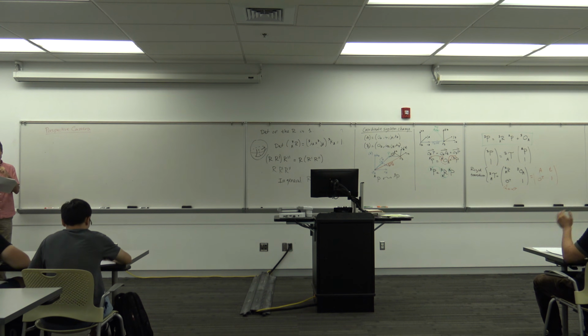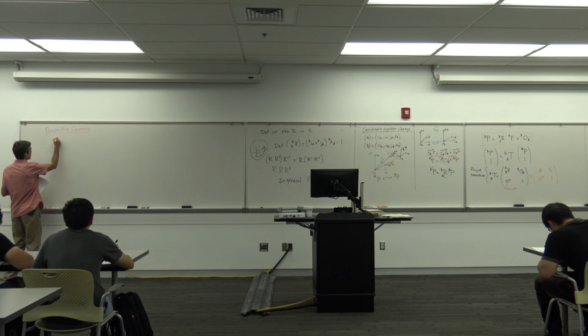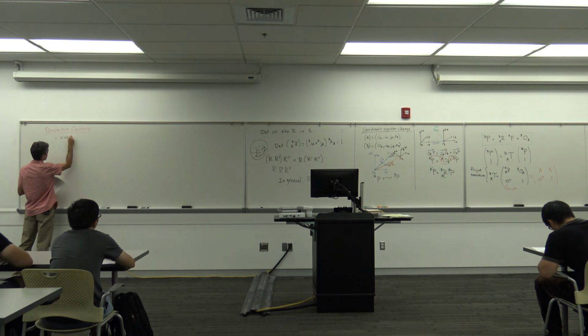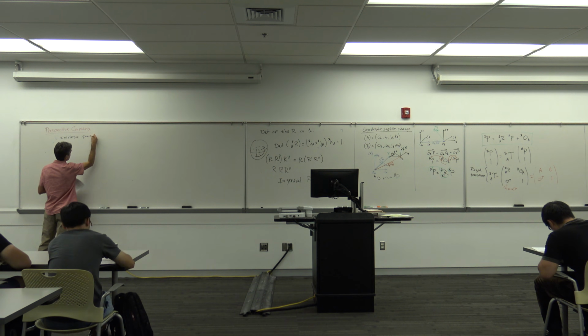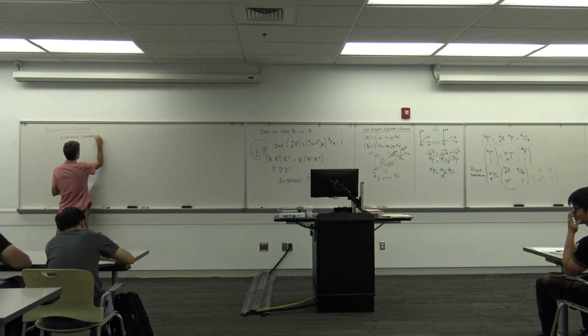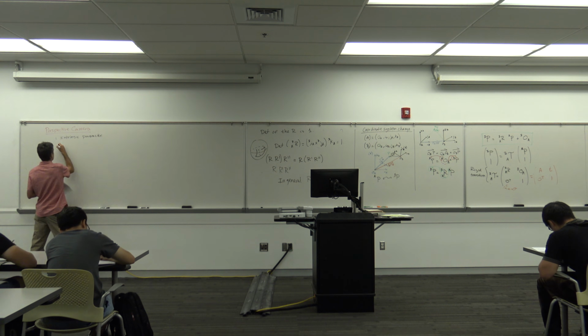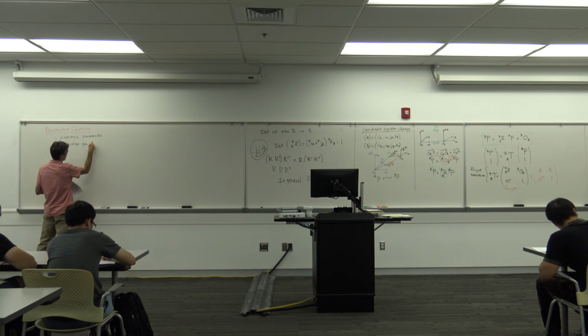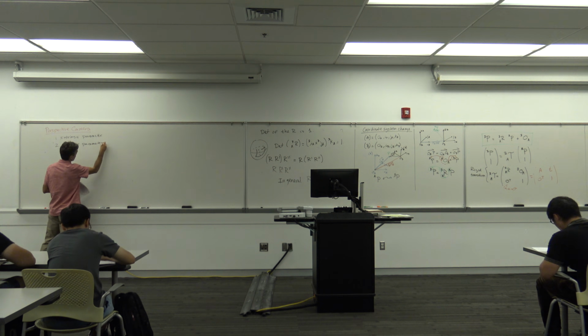All right, we will define our perspective camera by specifying two types of parameters. Number one, what's called the intrinsic parameters. And number two, the extrinsic parameters.